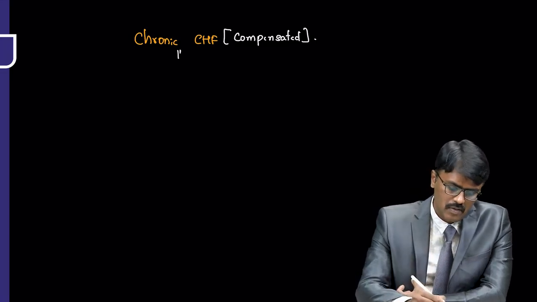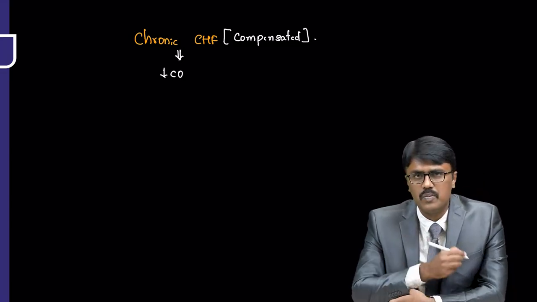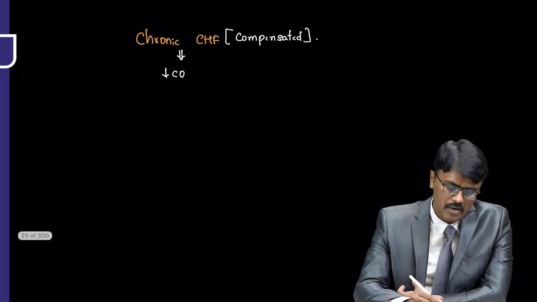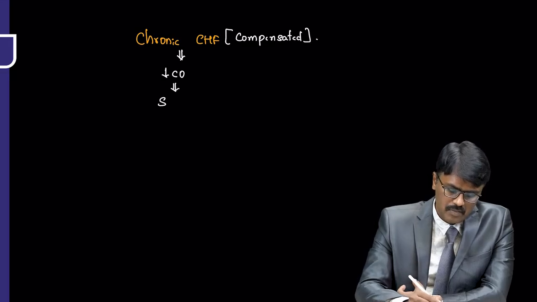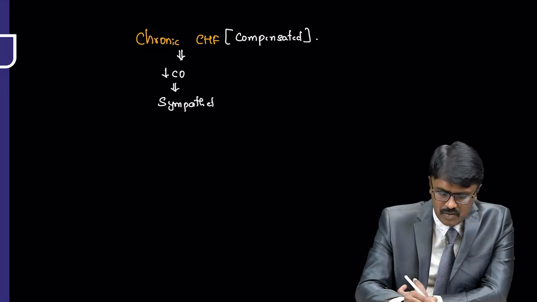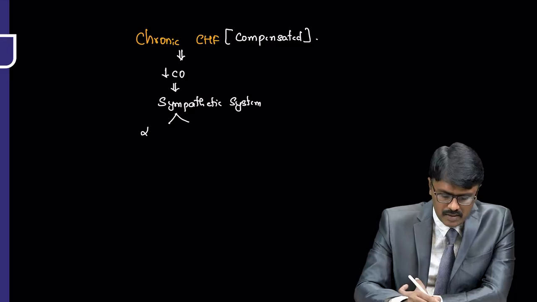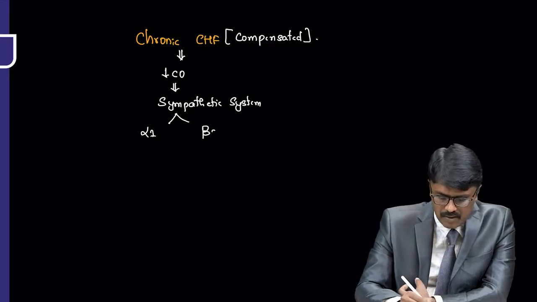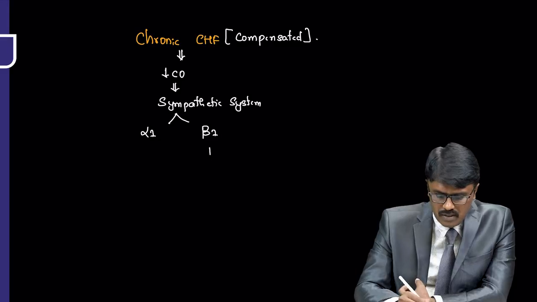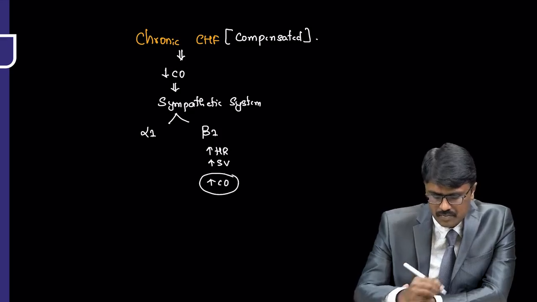Because whenever there is chronic CHF, there is a decrease in cardiac output. Whenever the cardiac output decreases, the sympathetic system gets activated. Now when the sympathetic system comes into the picture, it activates alpha 1 and beta 1. Beta 1 increases heart rate, it increases stroke volume, and it can increase the cardiac output.